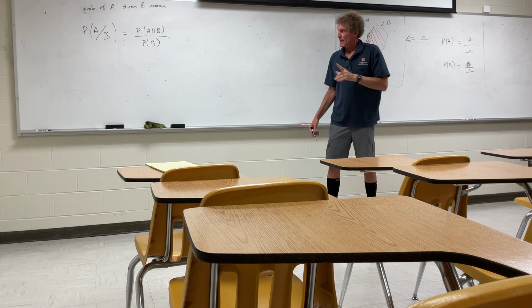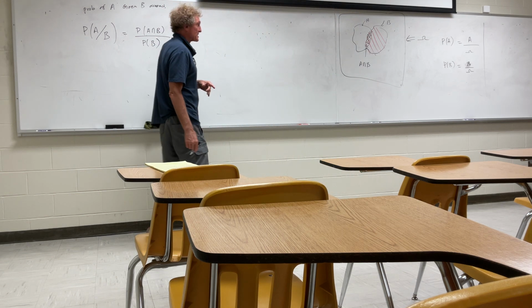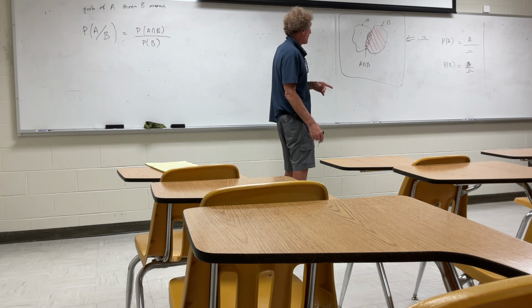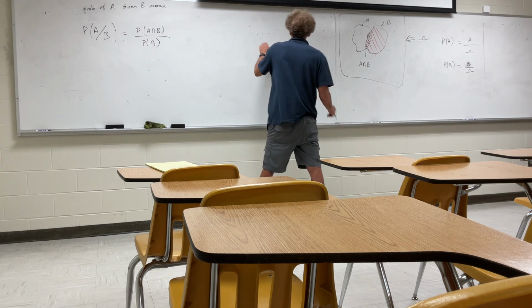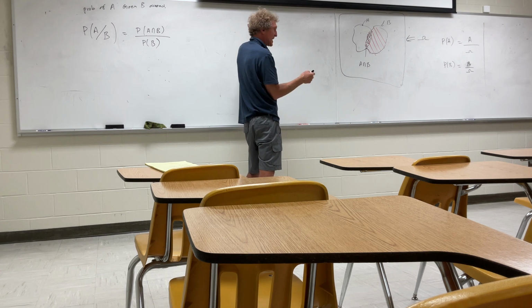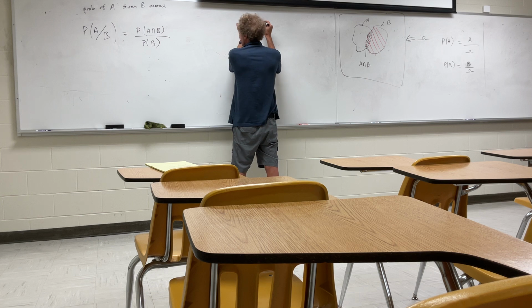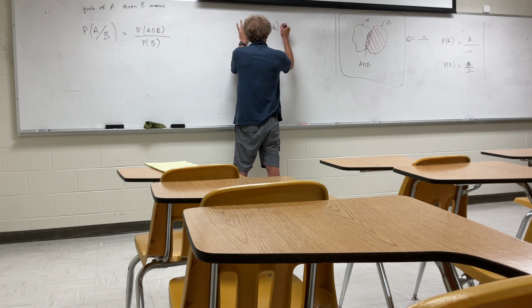Follow me? Now, this is important. When you look at this, here I have the probability of A given B. I'm going to show you Bayes' theorem in a very simple way. Now, let's take the probability of B given A.